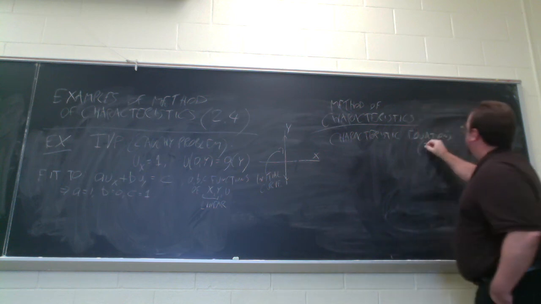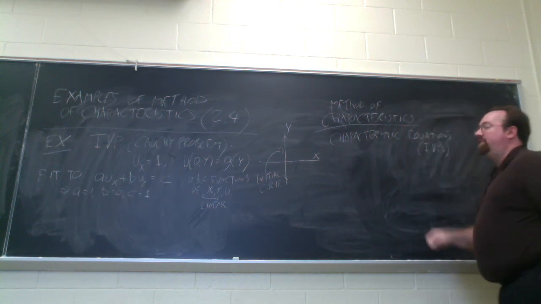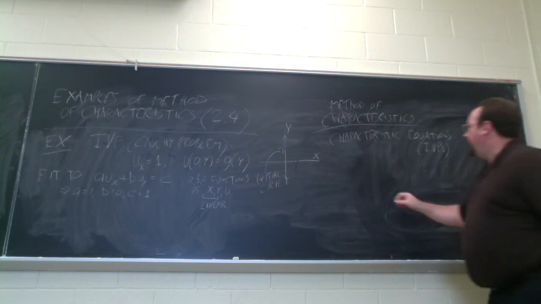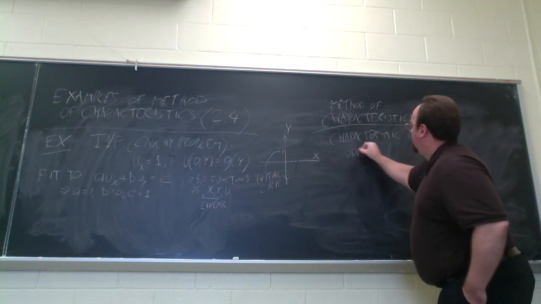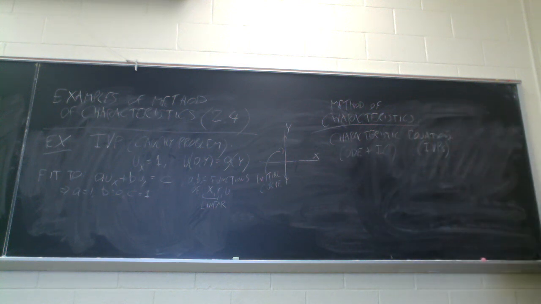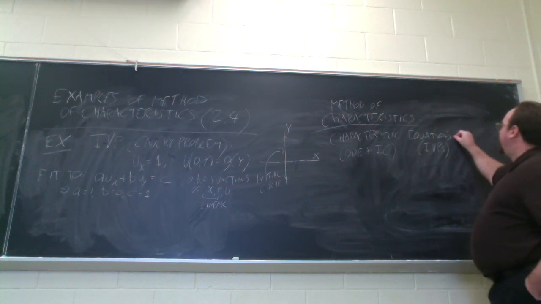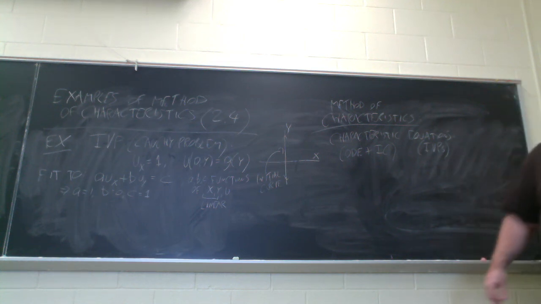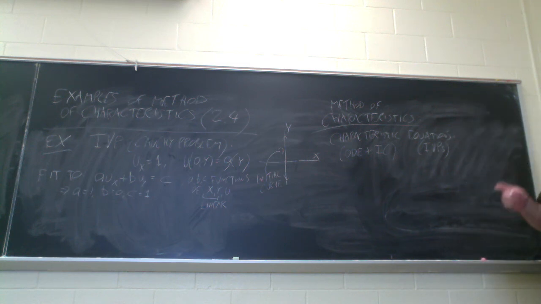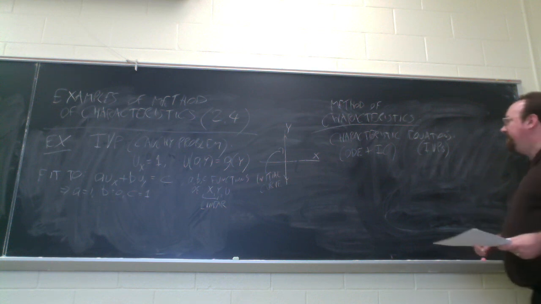The notes refer to these as IVPs because these are also initial value problems. You're going to have an ODE plus initial condition for x, y, and u. So you're going to have 3 of them. The idea is that solving these ODEs will be simpler than trying to solve the PDE directly.